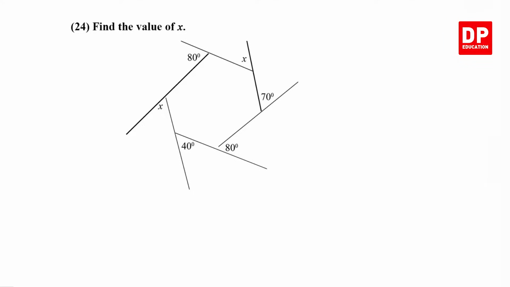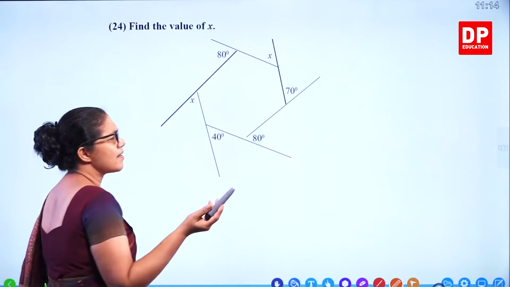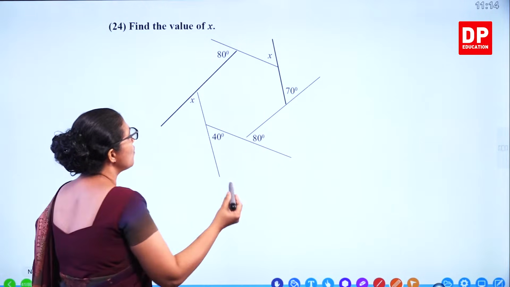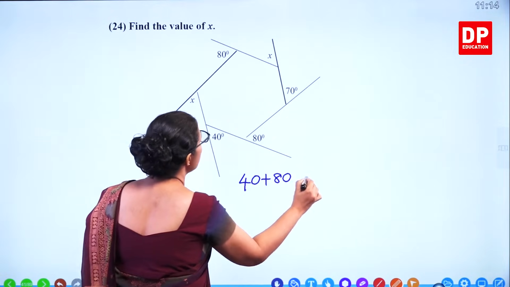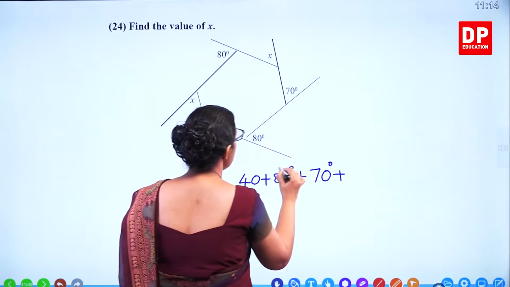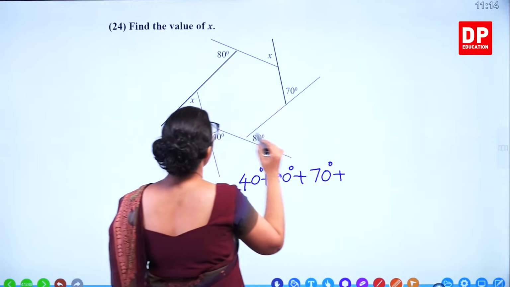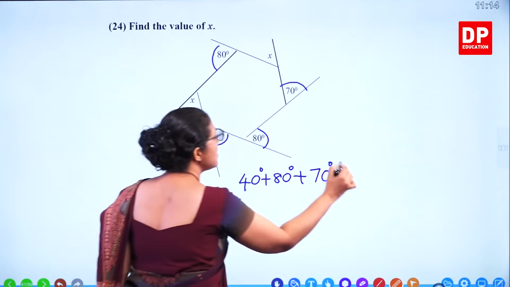Find the value of x. This is another polygon: 1, 2, 3, 4, 5, 6. Hexagon. We know the sum of exterior angles of any polygon is 360. So we'll add 40, 80, 70, 80.